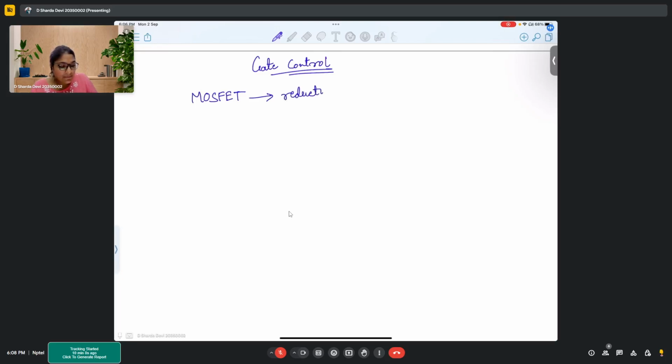What is the major reason? Why do we need a reduction in size? It somewhere leads to gate control, because we want higher gate control in the MOSFET. That means I want maximum control in my MOSFET based on the gate. So, what generally happens when there is a MOSFET?